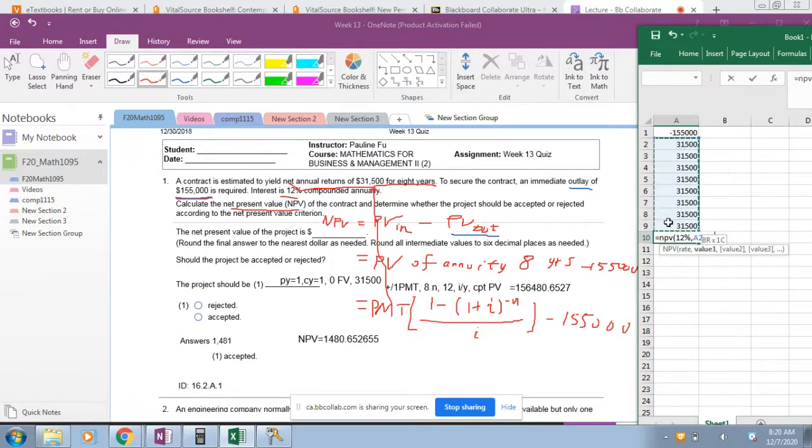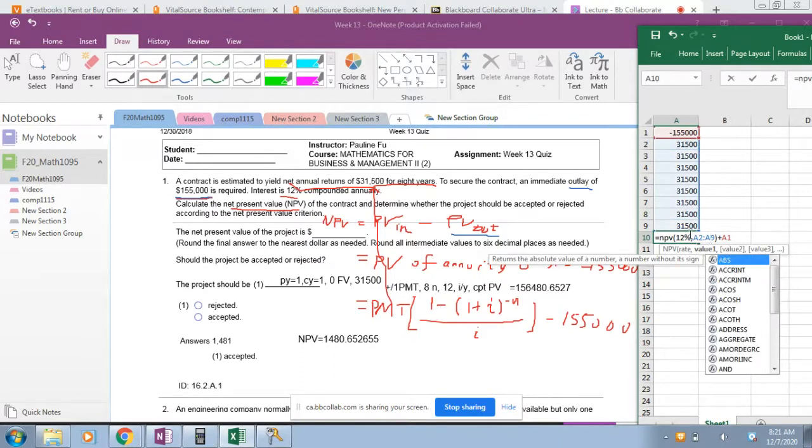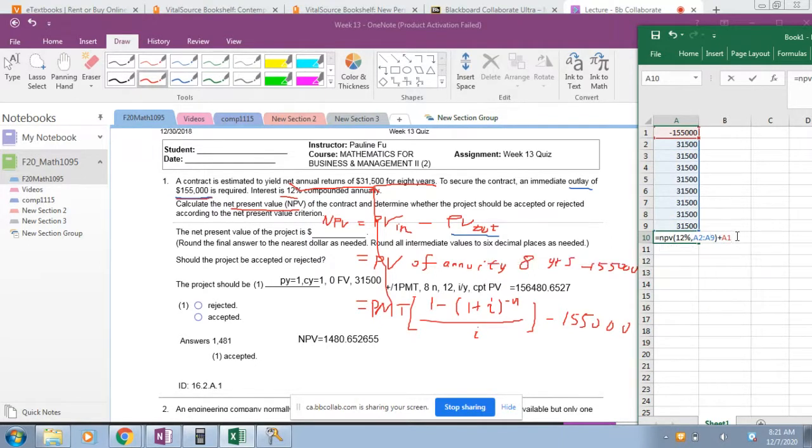Enter those numbers. And then plus initial outlay. No. This one should be A2 to A9, A2 to A9. So I pause a moment to show you the formula.